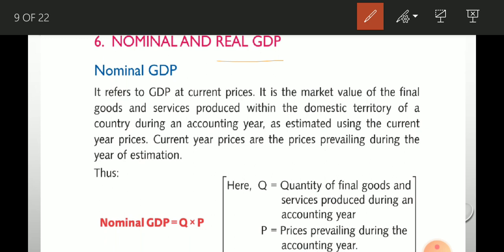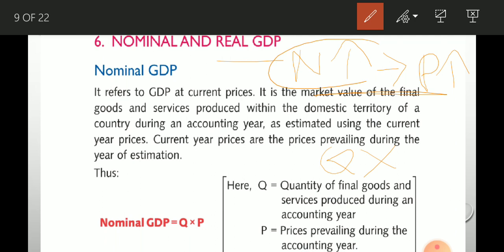In one line, an increase in nominal GDP is possible when there is only an increase in price. Means when there is no increase in quantity, still in this case there will be an increase in nominal GDP. So in this way, nominal GDP is not the true indicator.